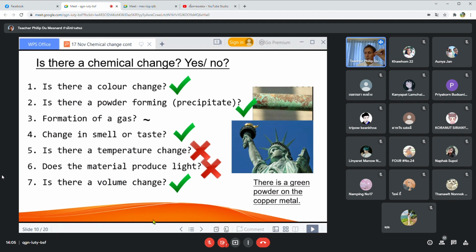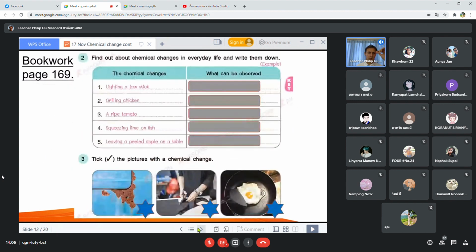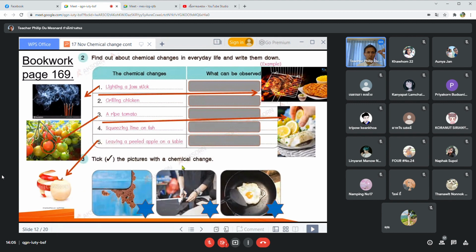If you look in your book at page 167, you will see all the things. Okay, who can tell me? Lighting the stick, what happens? Is there a color change? Is there light? Who wants to guess?